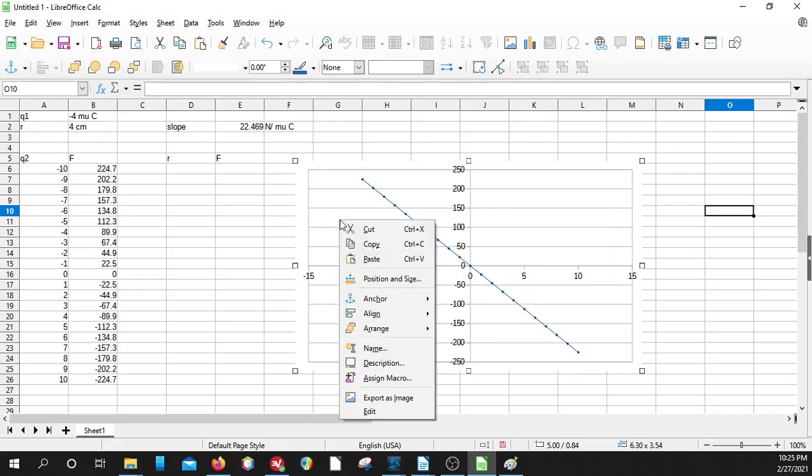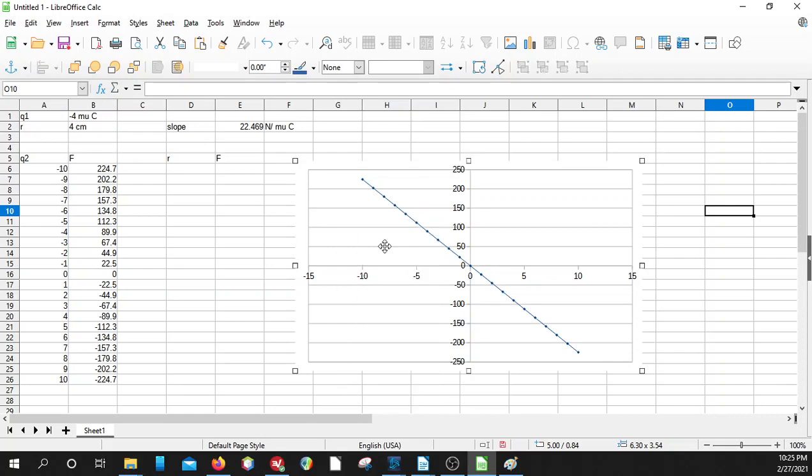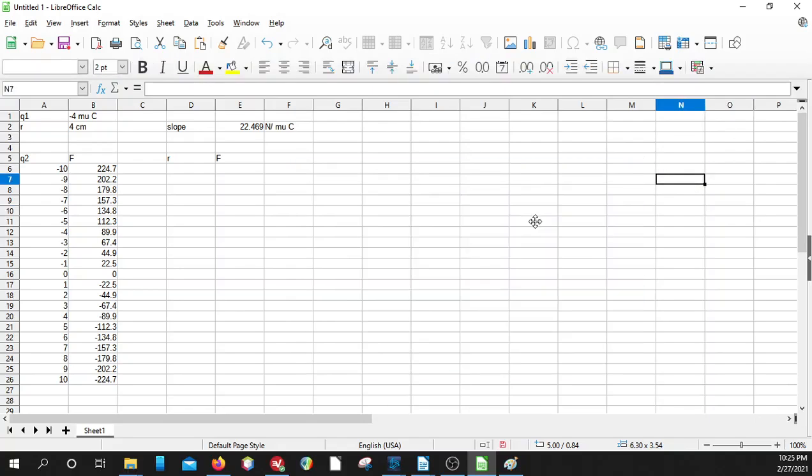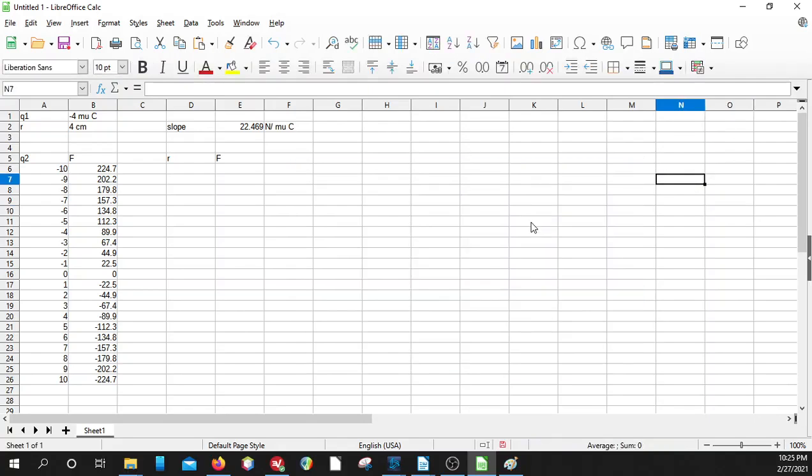Or you could do copy, and then open a Word document and paste it in there, and then save the image that way. But yeah, lots of ways to do it. So I figure you can find some way to get it from that screen to your lab report. So just, before you delete it, make sure everything is done. You have your axes and they're labeled and include units and so on.